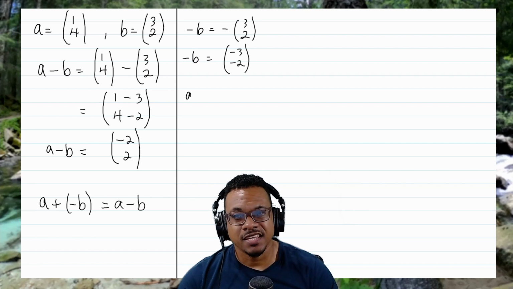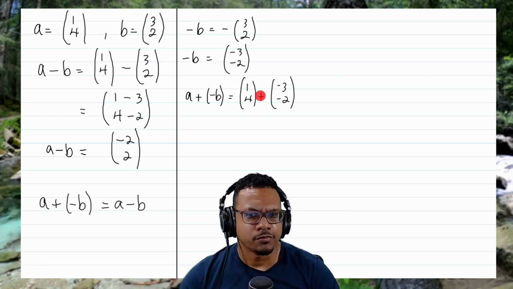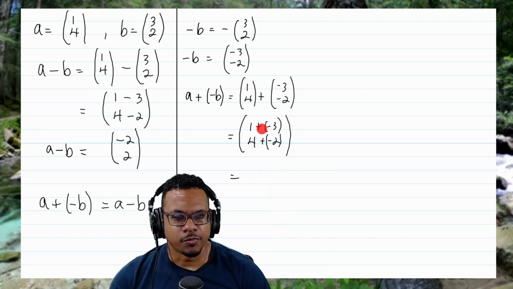So if I were to say A plus negative B, that will be 1, 4 plus the vector negative 3, negative 2. So now we say 1 plus negative 3 and 4 plus negative 2. So we multiply this positive and negative sign and we get a negative sign. So we'll have 1 take away 3.